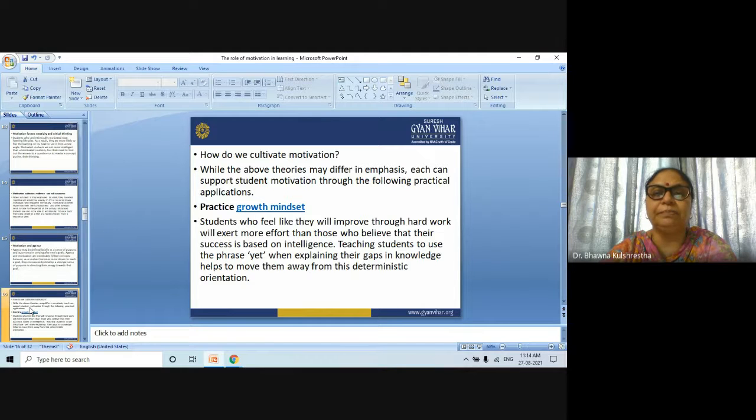And the practice is, for example, if a student says, "I cannot do that," suggest that they cannot do that yet. Making a conscious effort to provide wait time also removes the pressure of needing to be the first to find the answer.